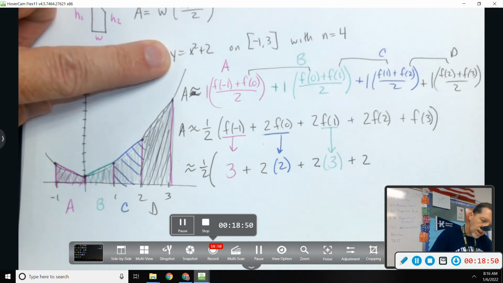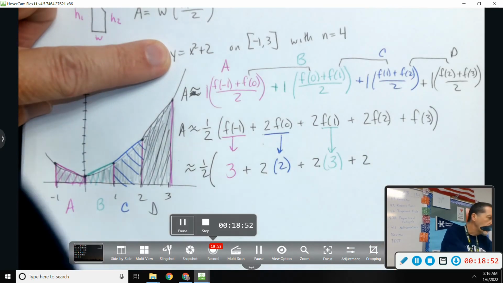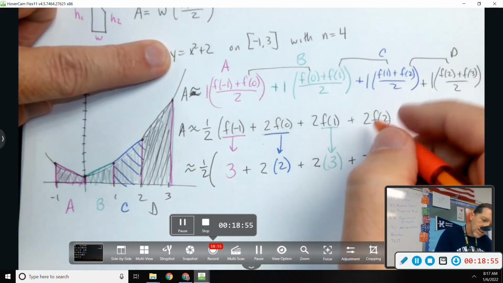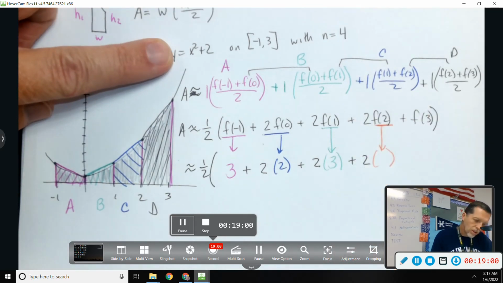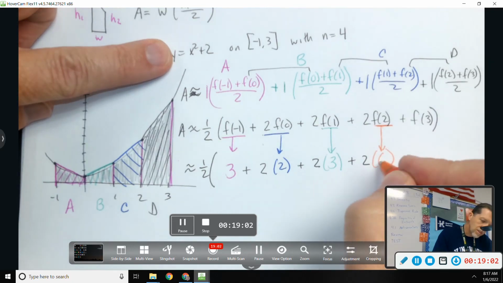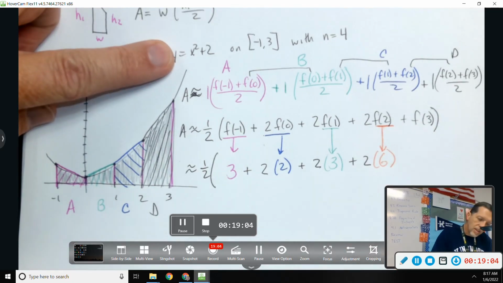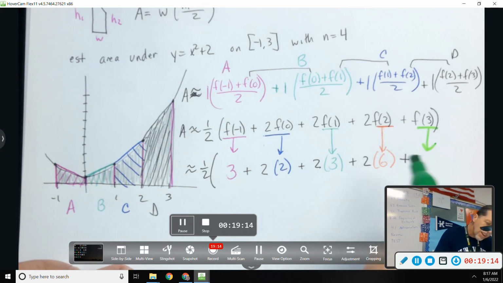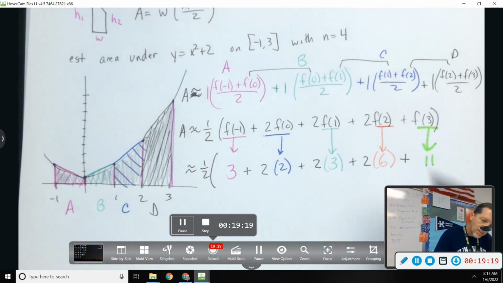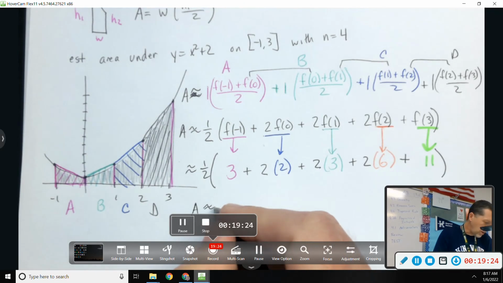Plus 2 times f of 2, 2 squared, 4 plus 2 is 6, plus f of 3, 9 plus 2 is 11. And that's a safe stop. But if you're curious, it equals 18.